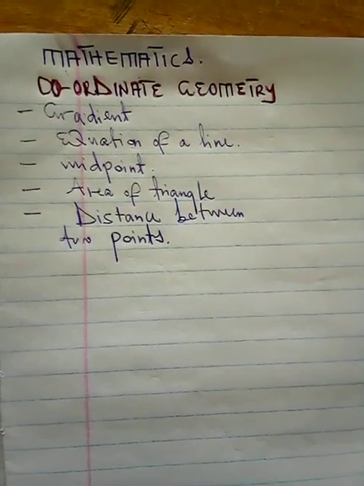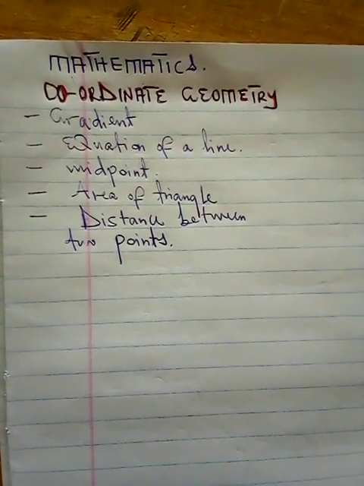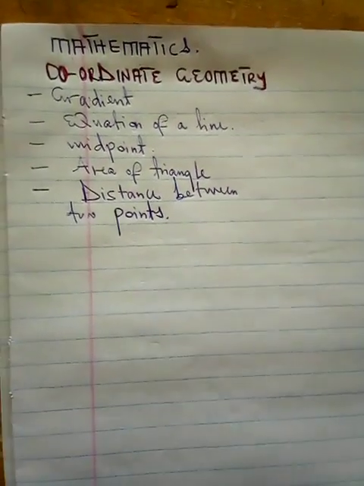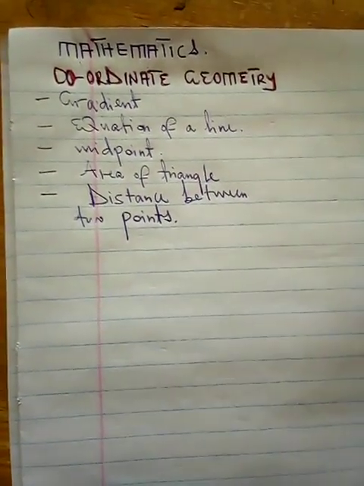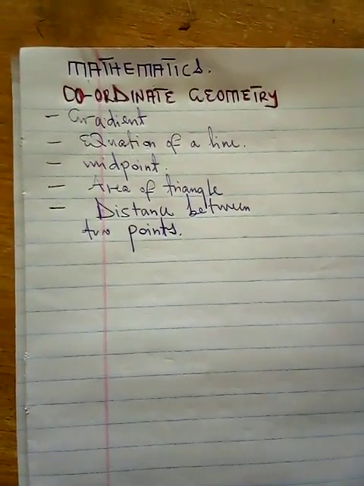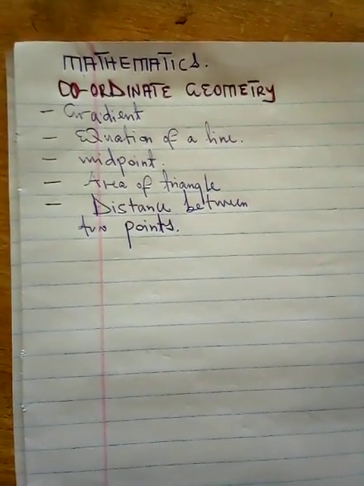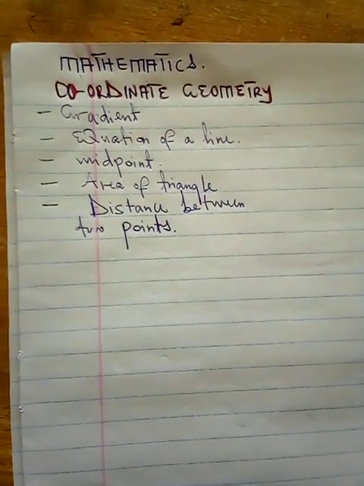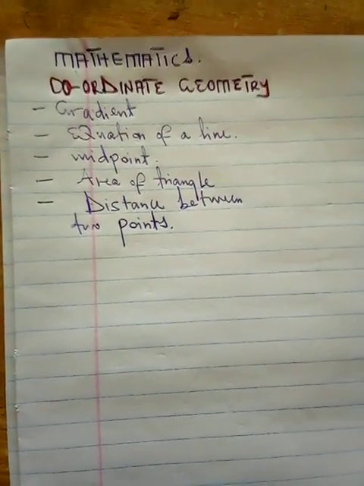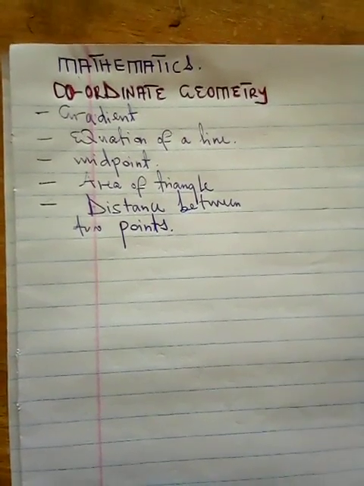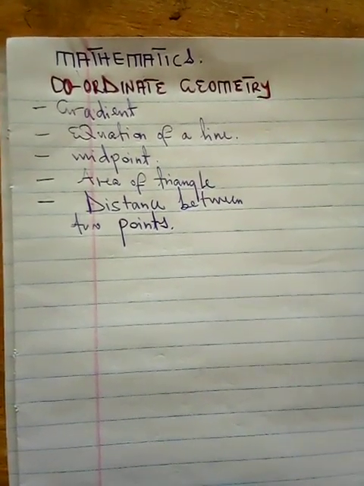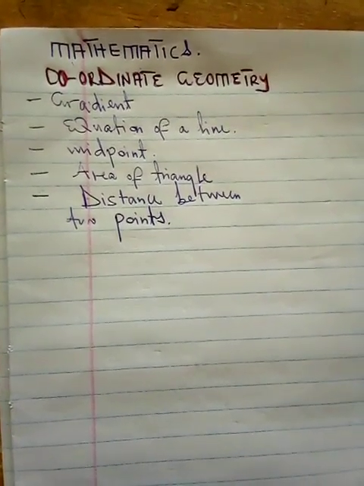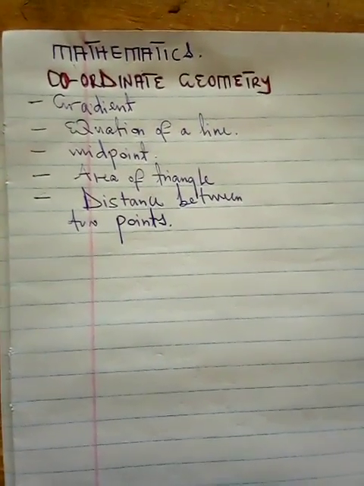Okay, so in this video we are going to be talking about coordinate geometry. It's a topic that you're going to find not only in mathematics but also in additional mathematics. Under coordinate geometry there are a couple of things that we normally look into: things like the gradient, the equation of a line, the midpoint, provided that you've been given two coordinates.